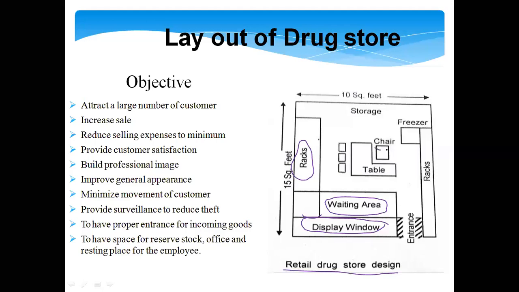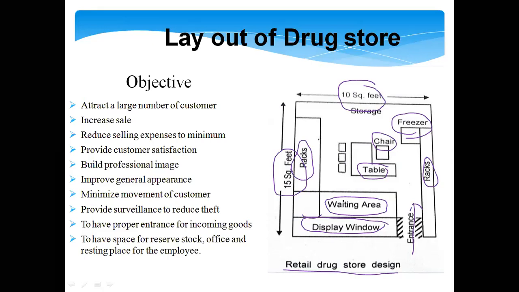Here is the chair of the owner or pharmacist. These are the tables where the dispensing of medications is kept. These are the freezers, other racks, and the entrance for the employees of the drugstore. As per the FDA, a minimum area of 15 to 100 square meters is required for any drugstore.